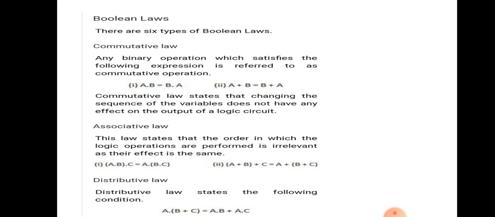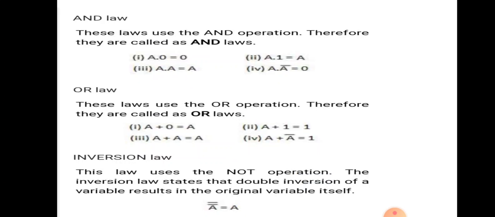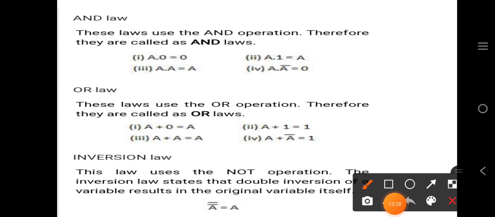Now the inversion law. Inversion means the inverse of the particular input. This law uses the NOT operation. The inversion law states that double inversion of a variable results in the original variable itself.